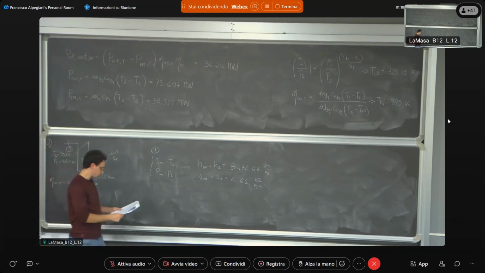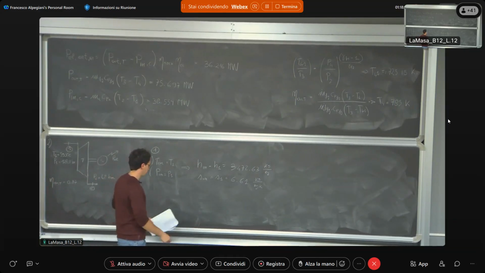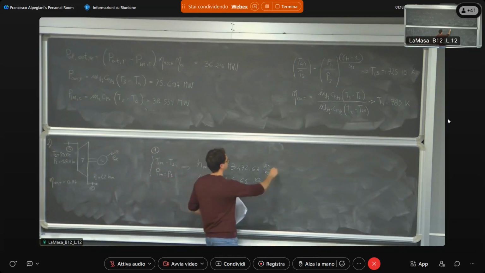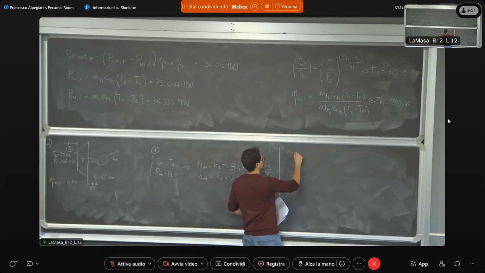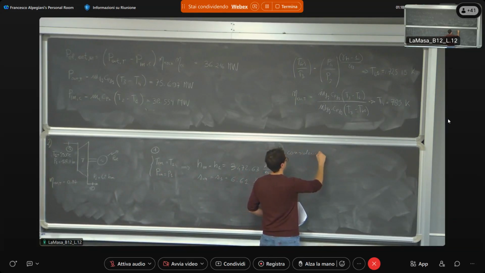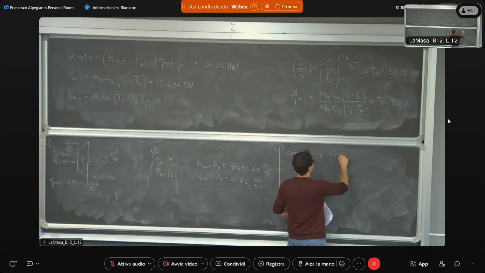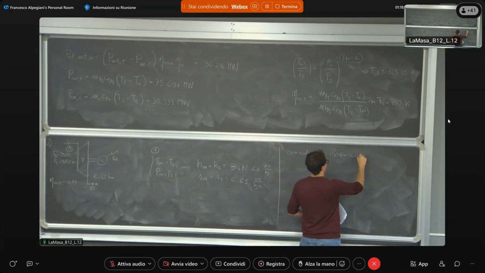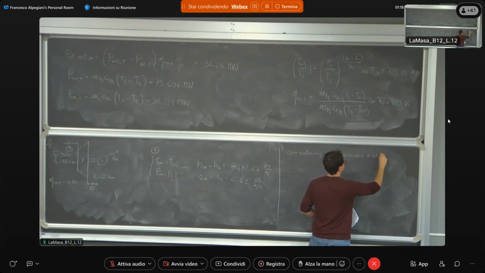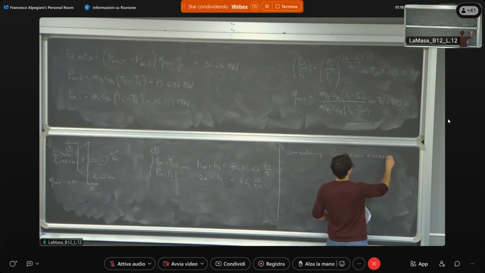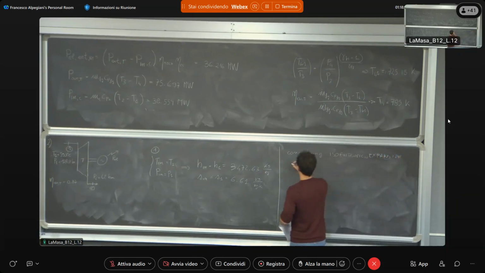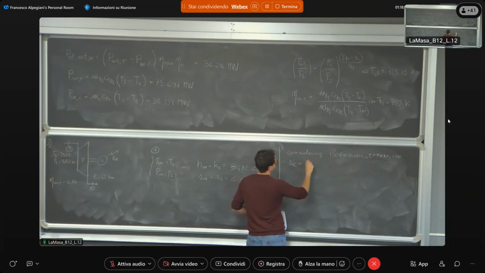So, firstly, considering an isentropic expansion, we can write that S2 will be equal to S1.